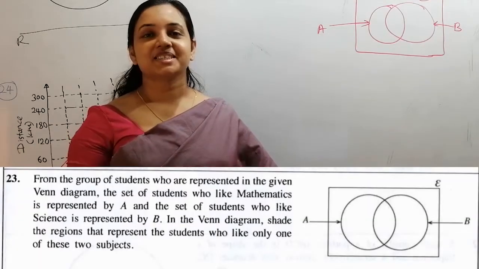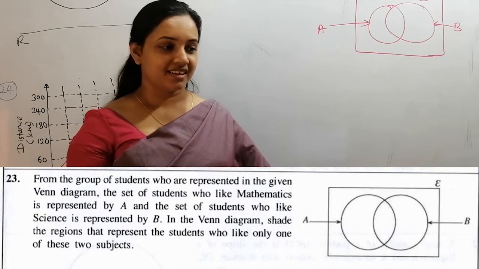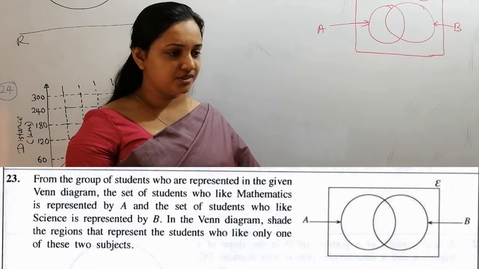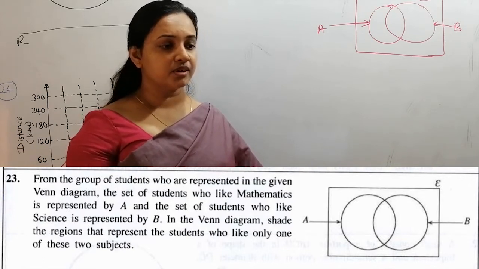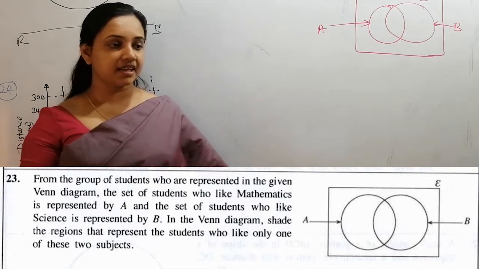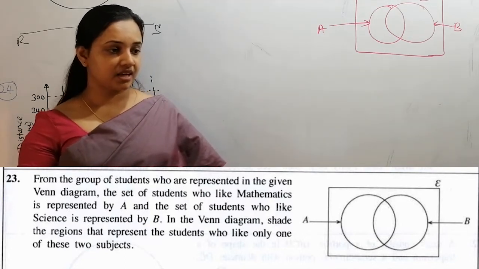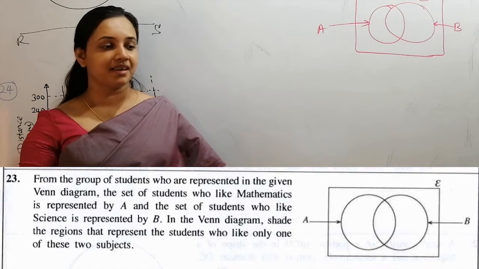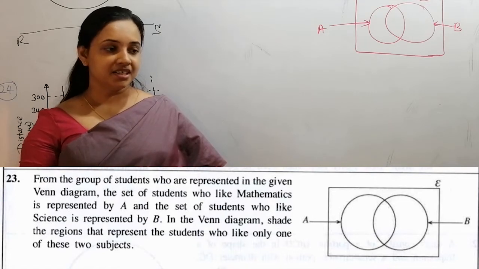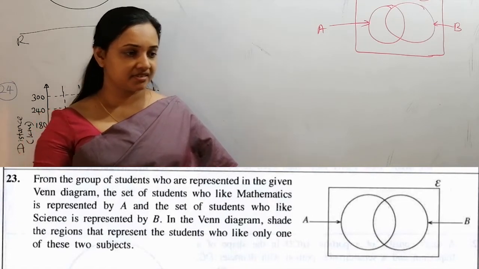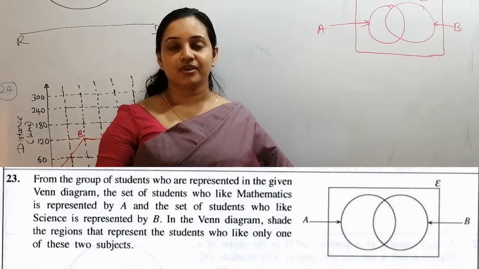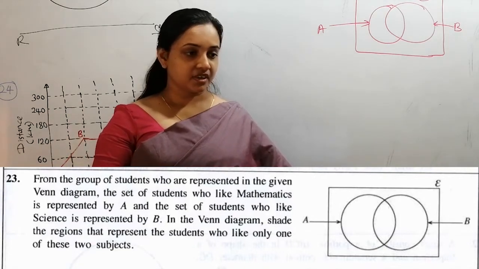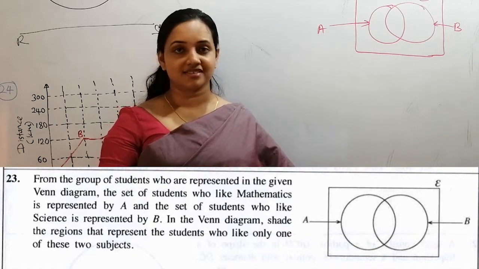Then look at question number 23. From the group of students represented in the given Venn diagram, the set of students who like mathematics is represented by A and the set of students who like science is represented by B. In the Venn diagram, shade the regions that represent the students who like only one of these two subjects.